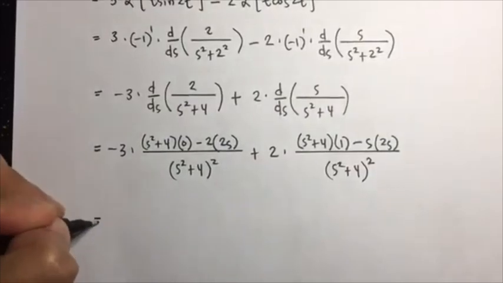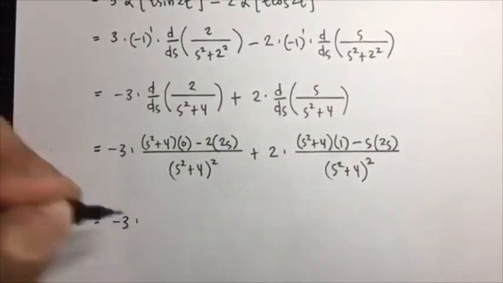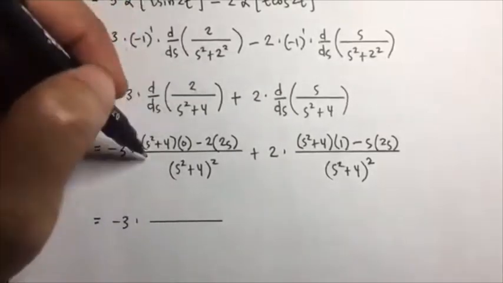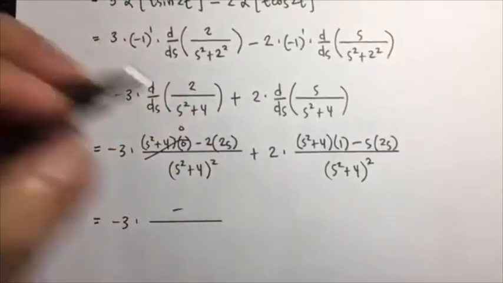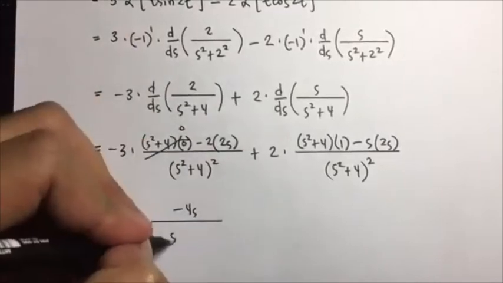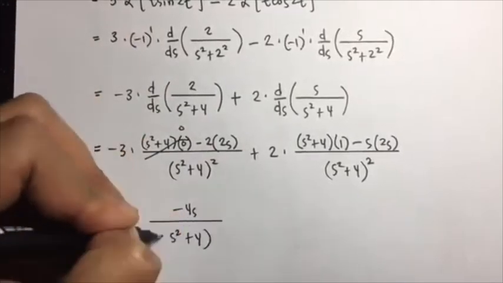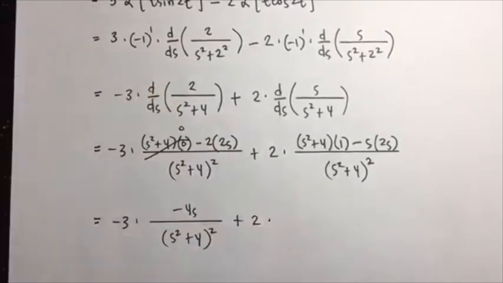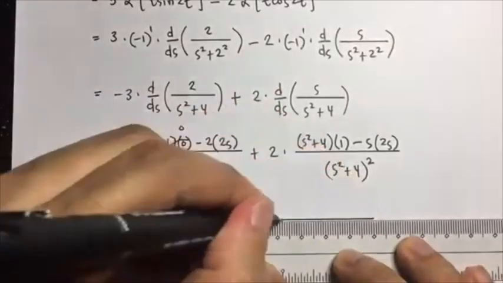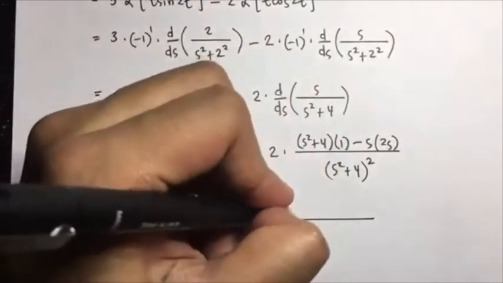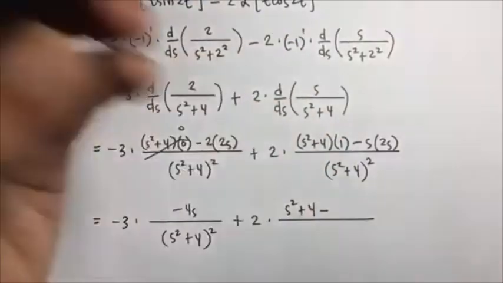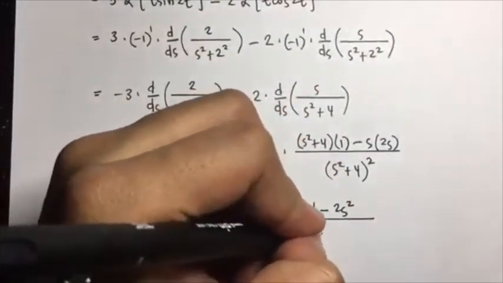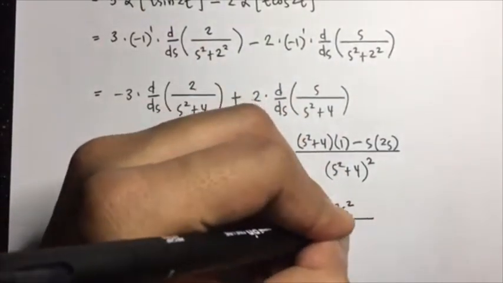Okay, so let us simplify. We have negative 3 times, and the numerator here will become, since this is 0, negative 4s over s squared plus 4 squared, then plus 2 times the numerator here, which becomes s squared plus 4 minus 2s squared, over s squared plus 4 squared.